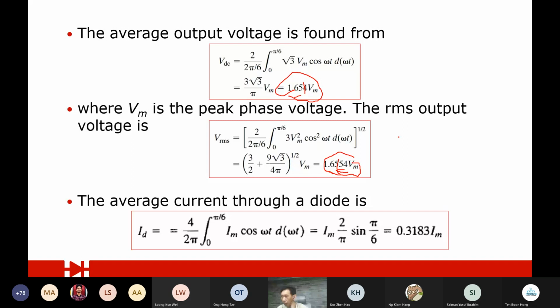And the average current calculation is slightly different: when you calculate the IM, you need to multiply by 0.3183. So these are the equations that you need to know.